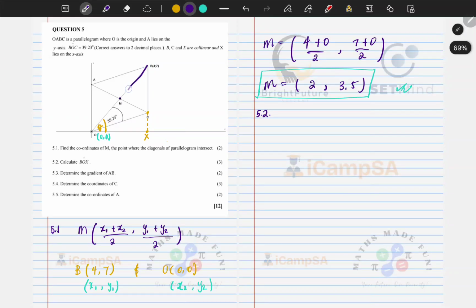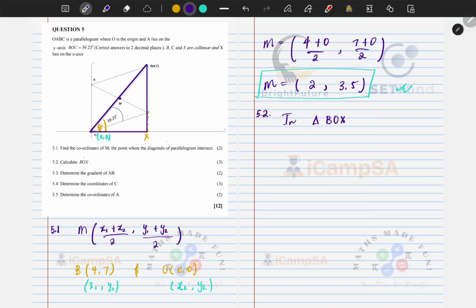I'm going to take BOX as a triangle. So now I'm going to say in triangle BOX, remember, what do I want? I want BOX, that angle.